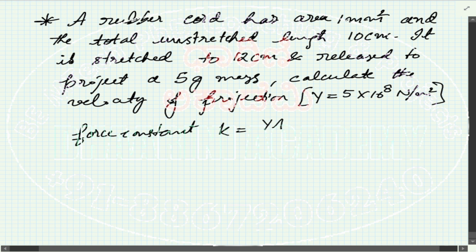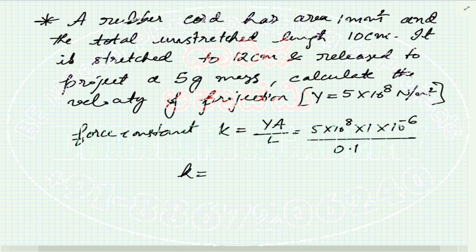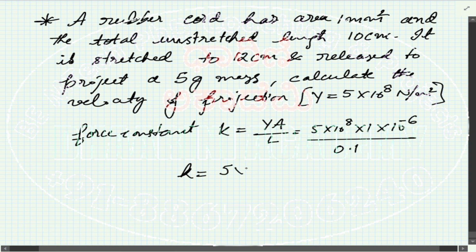It's nothing but y into area by L. So y is 5 into 10 to the 8, the area is 1 into 10 to the minus 6, that's the area given in millimeter square converted into meter square, divided by L. 10 centimeter is 0.1 meter. So this k comes to be 5 into 10 to the 3 Newton per meter.